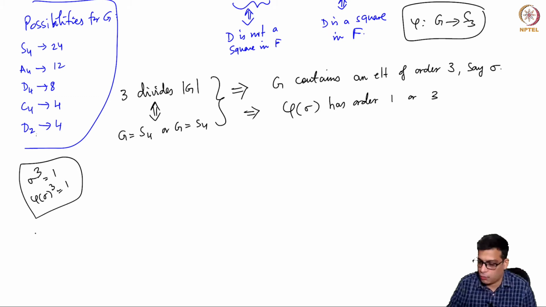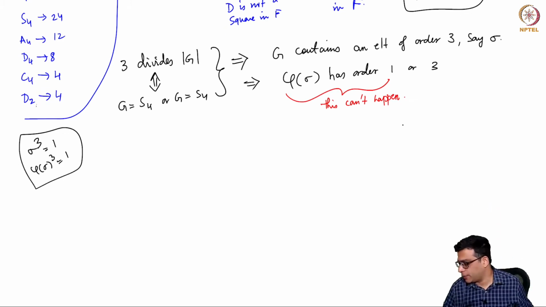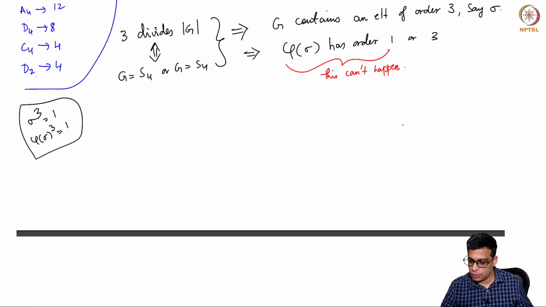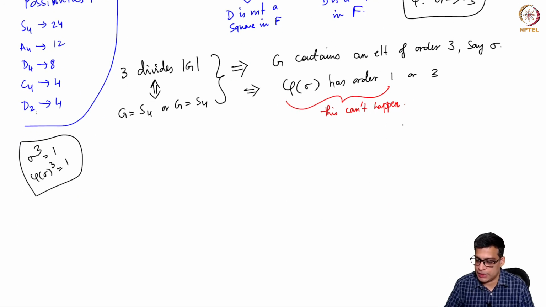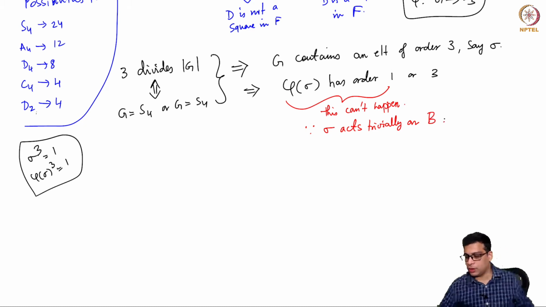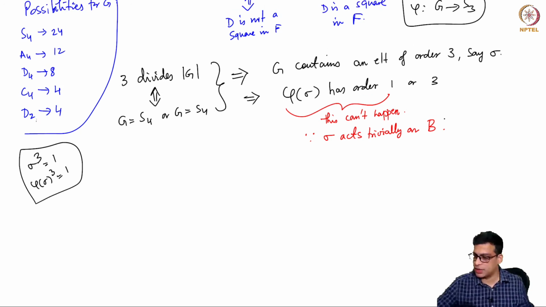But phi of sigma having order 1 is not possible, because if phi of sigma has order 1, this means sigma acts trivially on B. Okay, let me just leave this as an exercise.